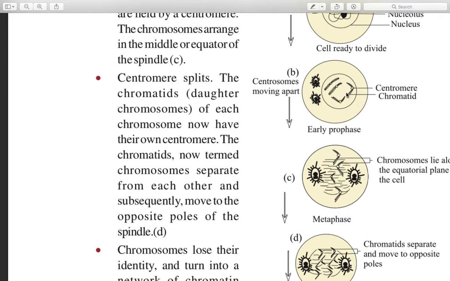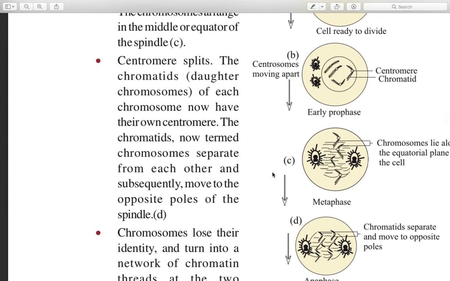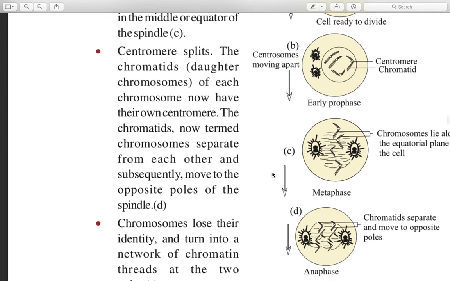As we told, the two chromatids are joined with a centromere, and it splits. The chromatids, the daughter chromosomes of each chromosome, now have their own centromere.